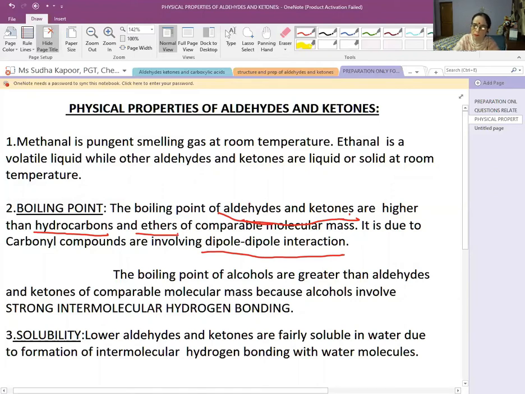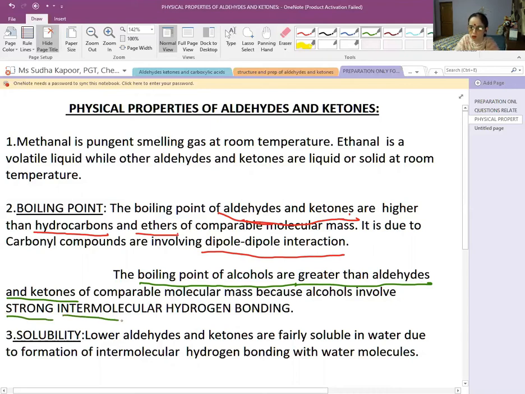But when we compare the boiling point of aldehydes and ketones with that of alcohols, remember that the boiling point of alcohols is going to be greater than aldehydes and ketones. Why? Because in alcohols there exists strong intermolecular hydrogen bonding.